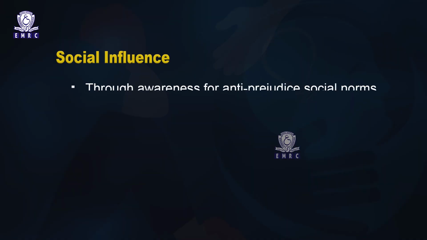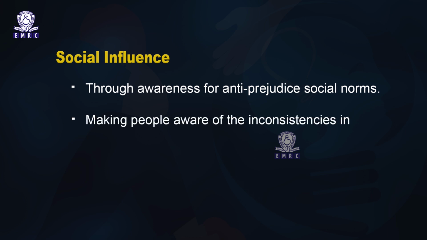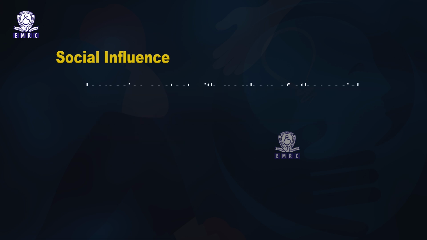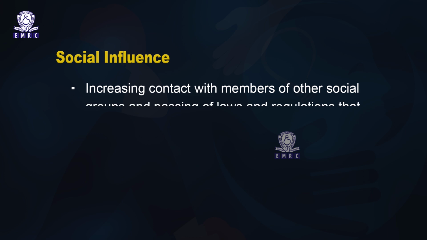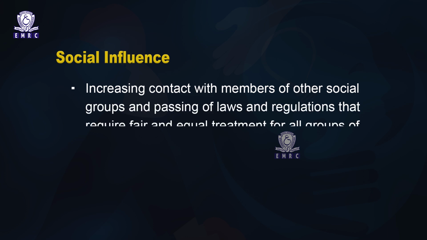And some of the other ways to reduce prejudice are through awareness of anti-prejudice social norms, making people aware of inconsistencies in their own beliefs, increased contact with members of other social groups, and passing of laws and regulations which require fair and equal treatment for all groups of people.